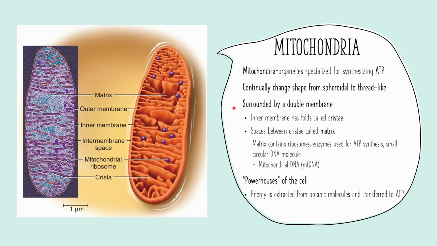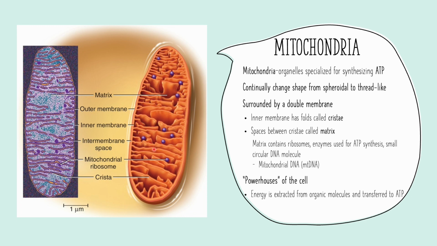It captures chemical energy obtained from the breakdown of food. Okay? The mitochondria is continuously changing shape. It goes from spheroidal to thread-like. It's surrounded by a double membrane. The inner membrane has folds called cristae.